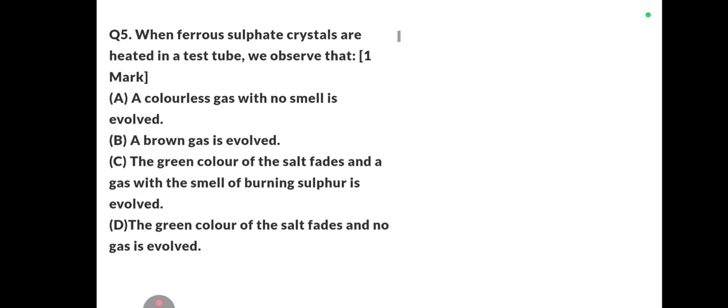When ferrous sulfate crystals are heated in a test tube, we observe that a colorless gas with no smell is evolved. The options are: a colorless gas with no smell is evolved; a brown gas is evolved; the green color of the salt fades and a gas with the burning smell of sulfur is evolved; the green color of the salt fades and no gas is evolved.